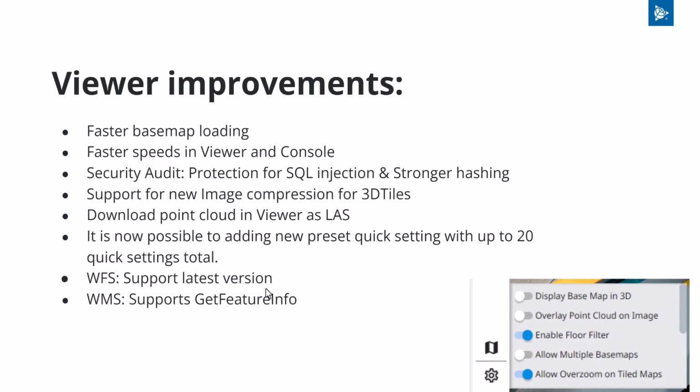WFS today supports the latest versions, and WMS service supports get feature info. That's an interesting improvement, let me try to explain. Considering that WMS is a sort of frozen image stream of the layer without separation into features, the get feature info option adds additional information to the pixels.